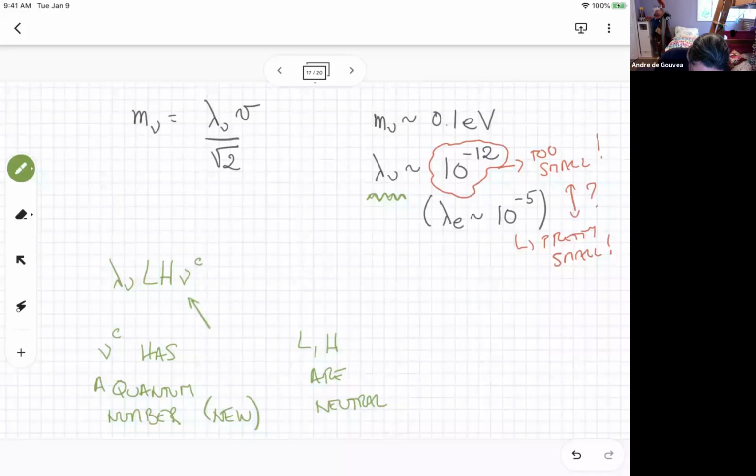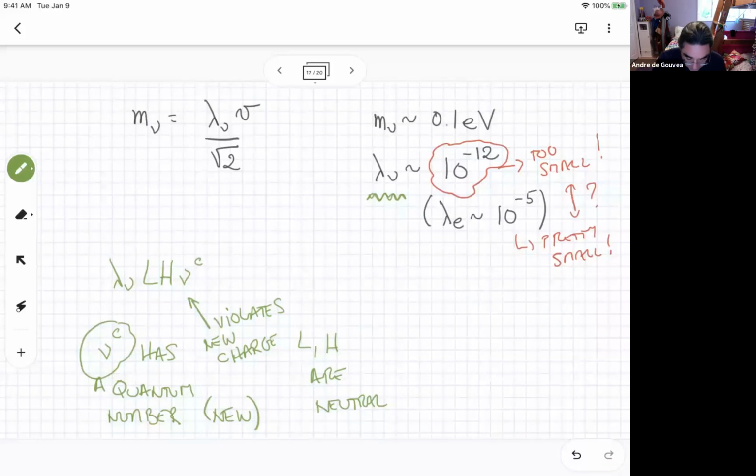It violates this new charge. So basically what you're doing is you're adding a new C field, but you're saying that it has some new charge that I didn't know about, and that new charge forbids the Yukawa coupling. And I'll answer the question in just a second, and I'll talk about an effective theory probably the next time.